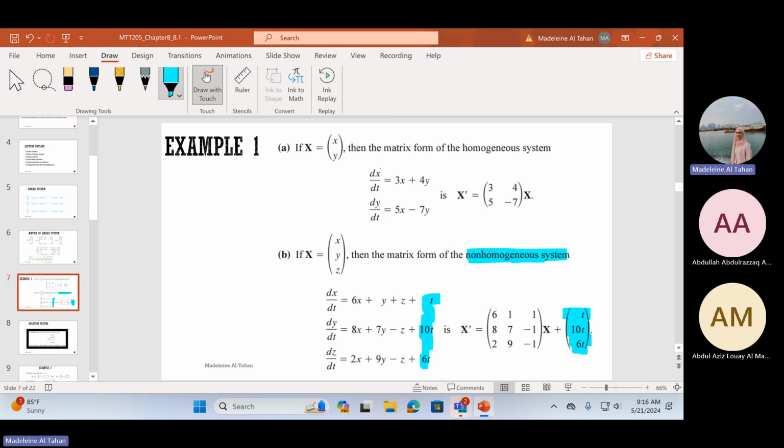The difference between homogeneous and non-homogeneous, are you okay with that?